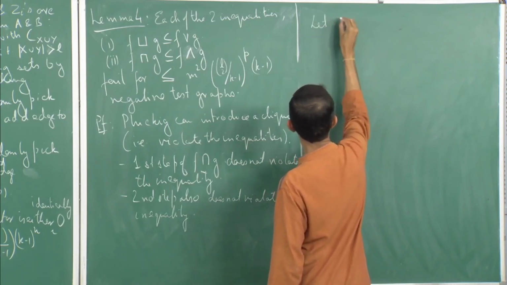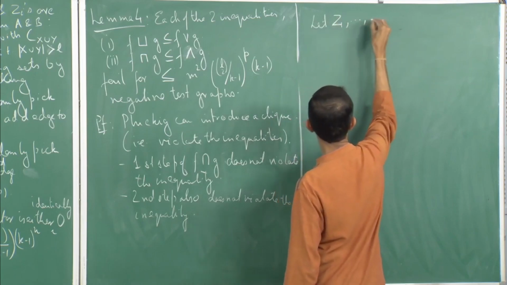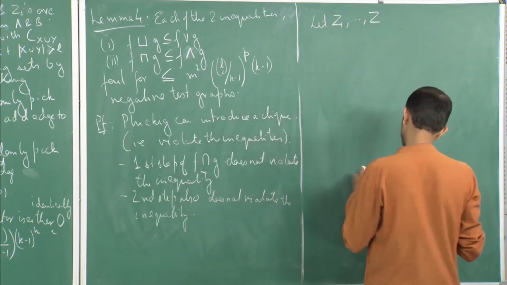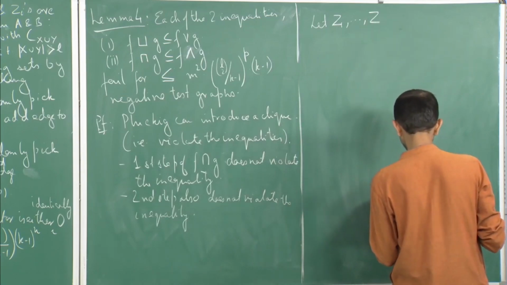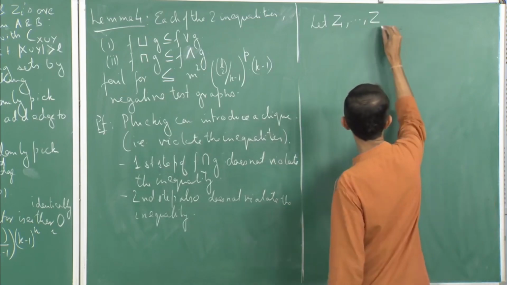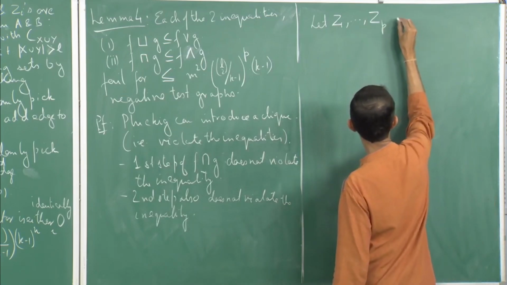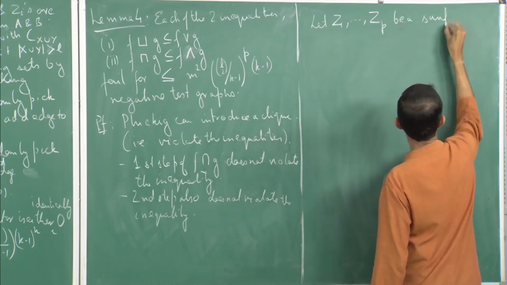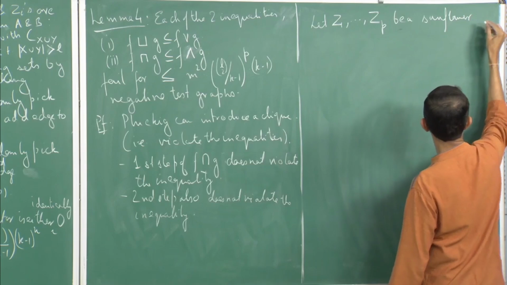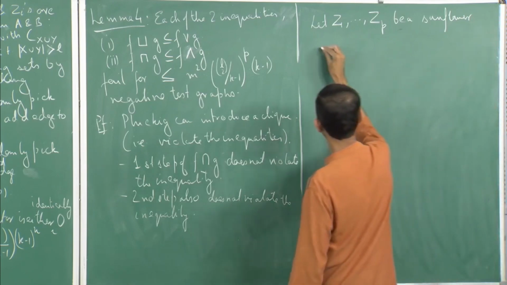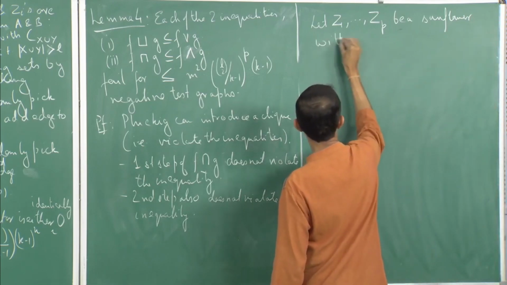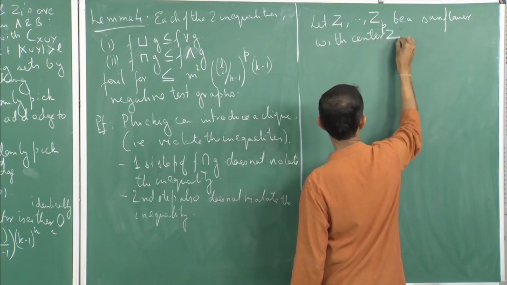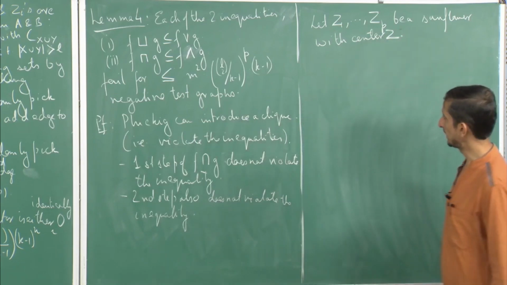Let Z1 up to Zp be a sunflower with center Z.